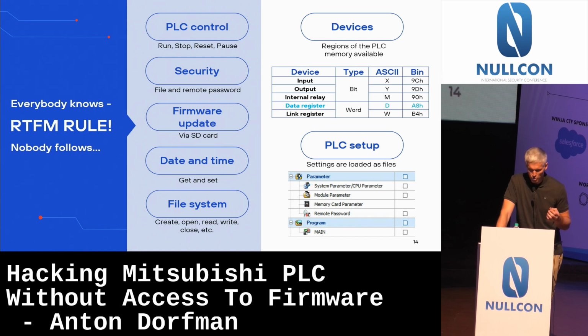It's some inputs, outputs, some internal, some relays, some timers, and remember that device code A8. You can see it, it's data register, so we can try to identify this device, but not for our protocol, but for the similar protocol.